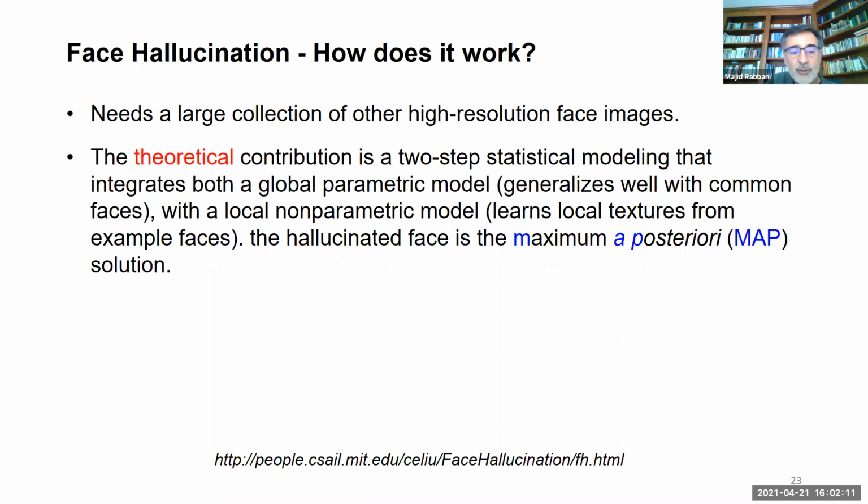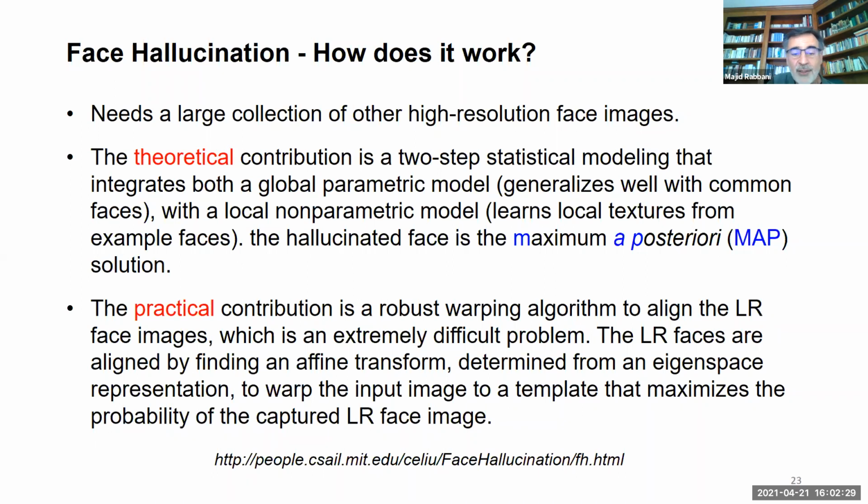The theoretical contribution looks at a maximum a posteriori, or MAP, solution of a two-step statistical model that integrates both a global parametric model and a local non-parametric model. Exactly, this is what you get when you listen to Einstein. And the practical contribution is a robust warping algorithm. You could, of course, read about all this at the website if you are interested.